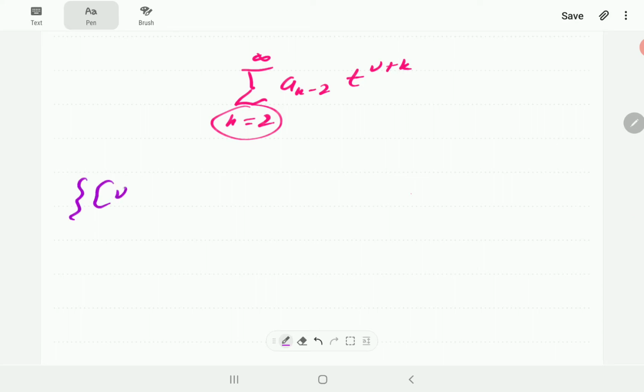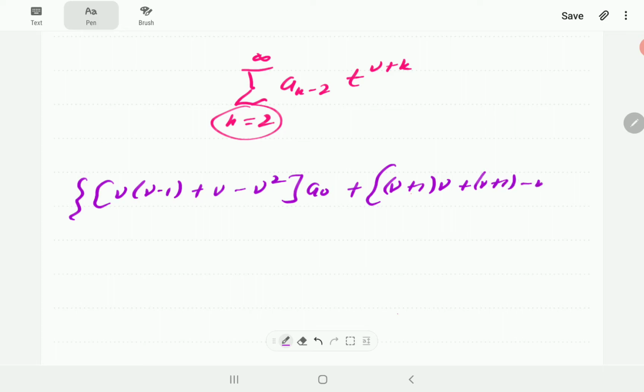We're going to get nu times (nu minus 1), and then the second term is just going to be nu, and the last term is going to be minus nu squared. It's going to be times a_0. And then when k is 1, we are going to get (nu plus 1) times nu, and then the middle term is going to be (nu plus 1), and then minus nu squared. This is going to be times a_1 times t, and then close brackets.